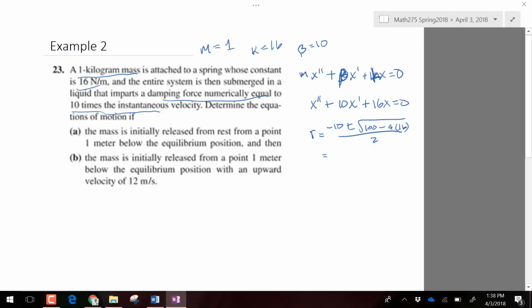What's 4 times 16? 64. 100 minus 64 is 36. Square root of 36 is 6. So we get minus 10 plus or minus 6 over 2. So we have two distinct real solutions. r is going to equal negative 4 over 2 and negative 16 over 2.